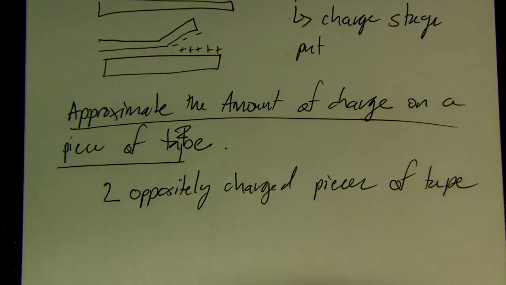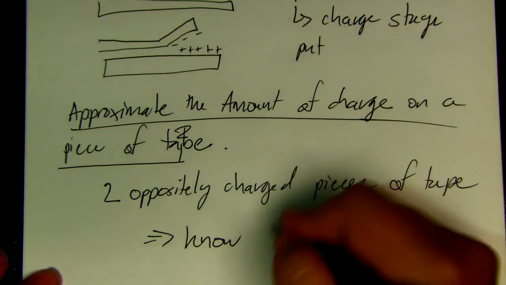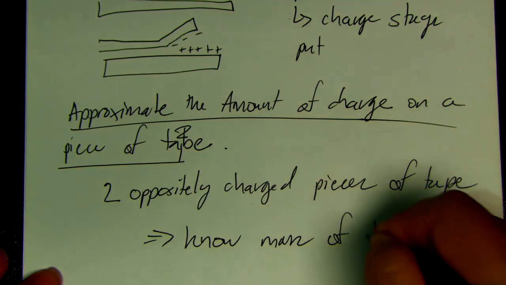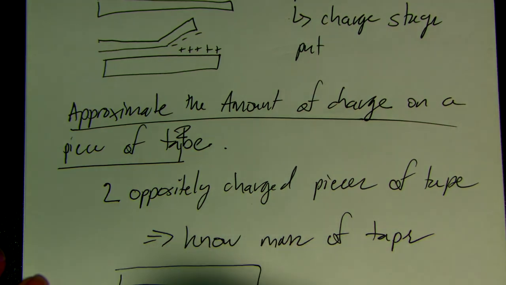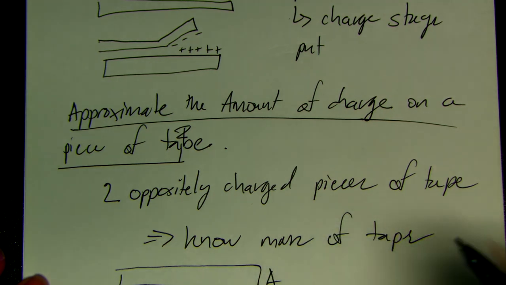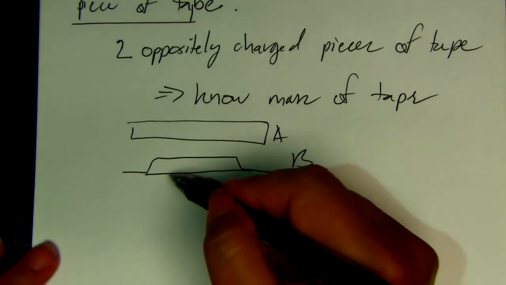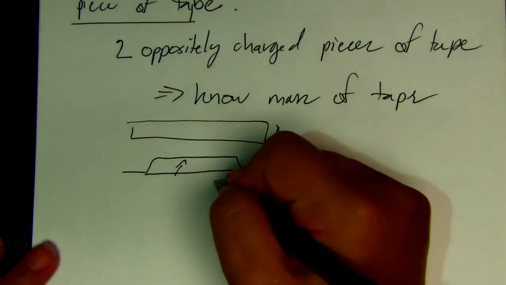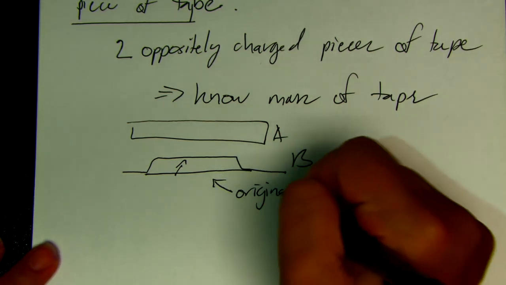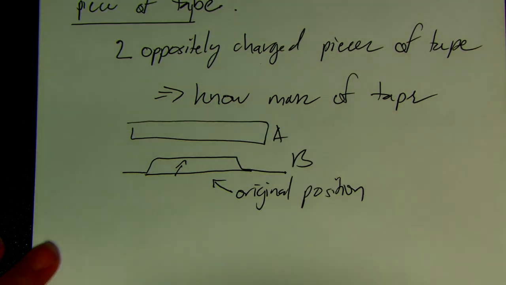For this, you know the mass of the tape, or you can look it up. You'll have tape A over tape B. Originally, the two of them are going to be parallel. Then tape B is going to move towards tape A, from the original position to the upper position.